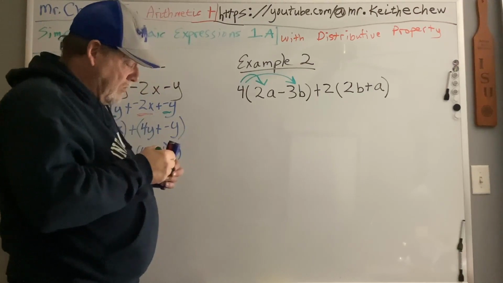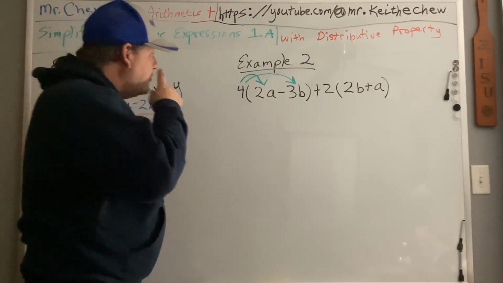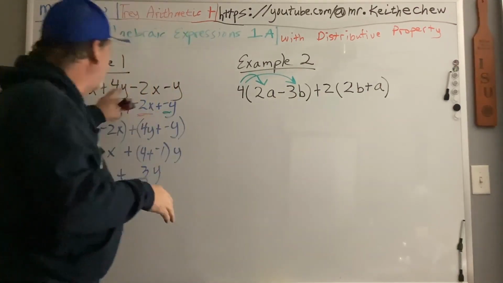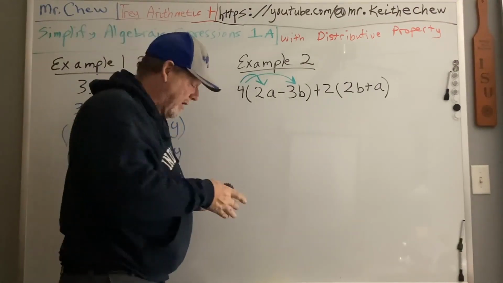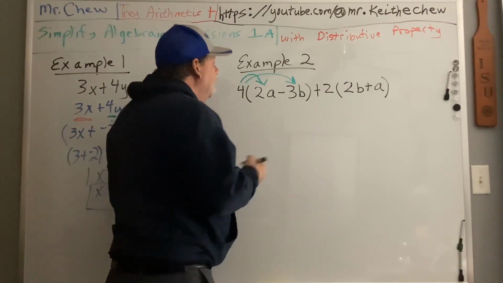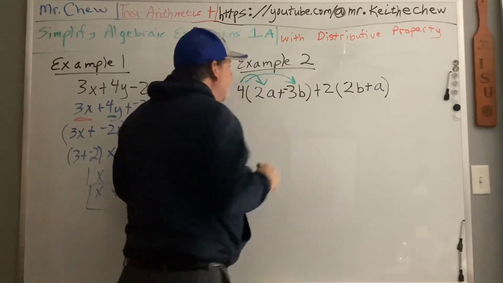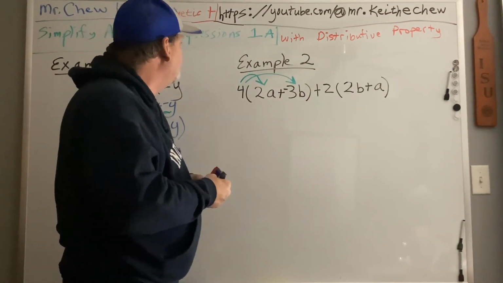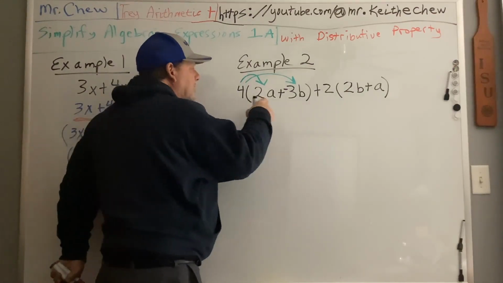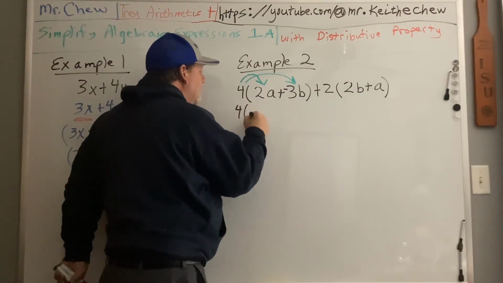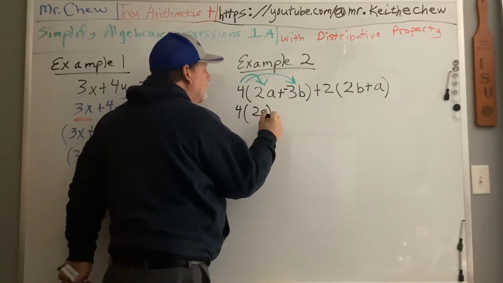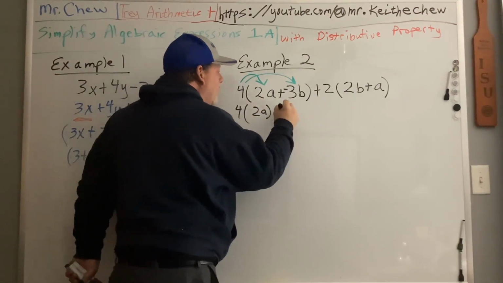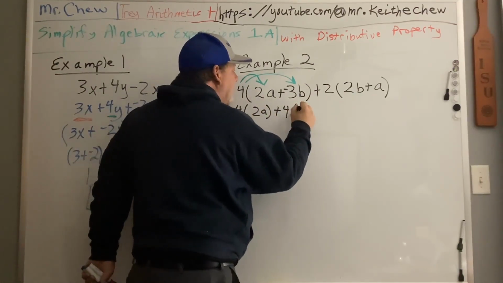But before I do that, I want to change the minus 3b, just like I did over here, to plus a negative 3b. After I've done that, now let's distribute. So this is going to be 4 times 2a plus 4 times negative 3b.